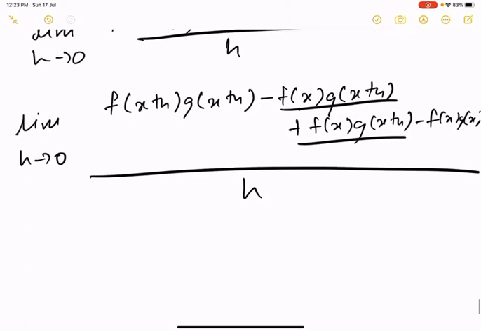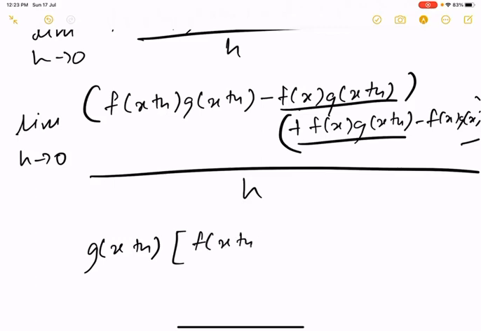Now I will group the terms. I'll group these two terms and I'll group these two terms. Now from the first group, can I see that g of x plus h is common? I can clearly see that g of x plus h is common, and inside the bracket I'm having f of x plus h minus f of x.